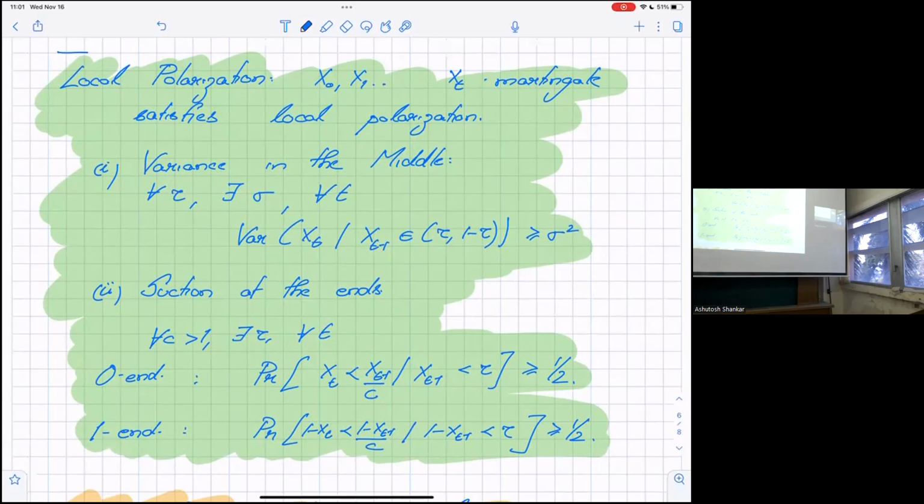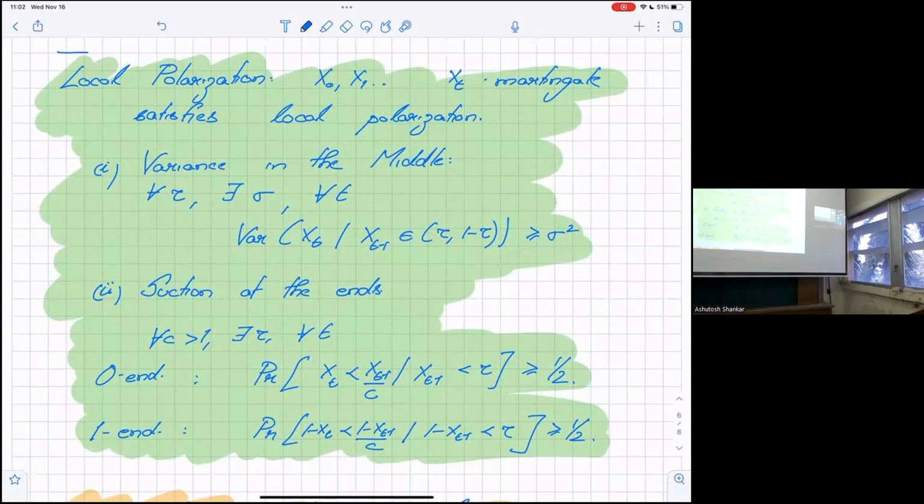The second one states that once you go close to the ends, then you go rapidly closer to the extreme ends. Here the order of quantifiers is not that I tell you what the end is. I tell you how rapid you want it to go, that is the factor C. This is what is going to help us with the strong convergence.